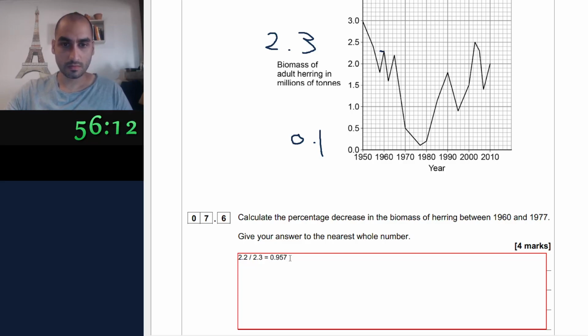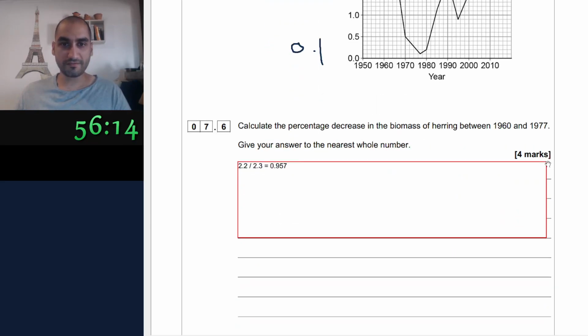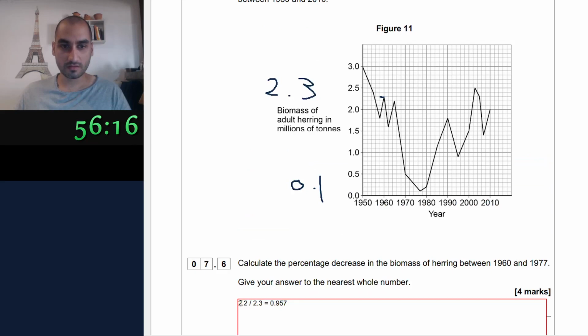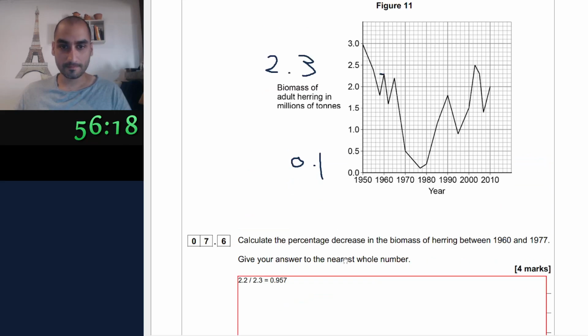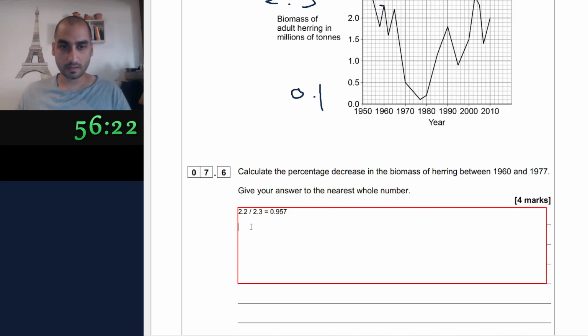Where does 4 marks come from? So that's 96%.